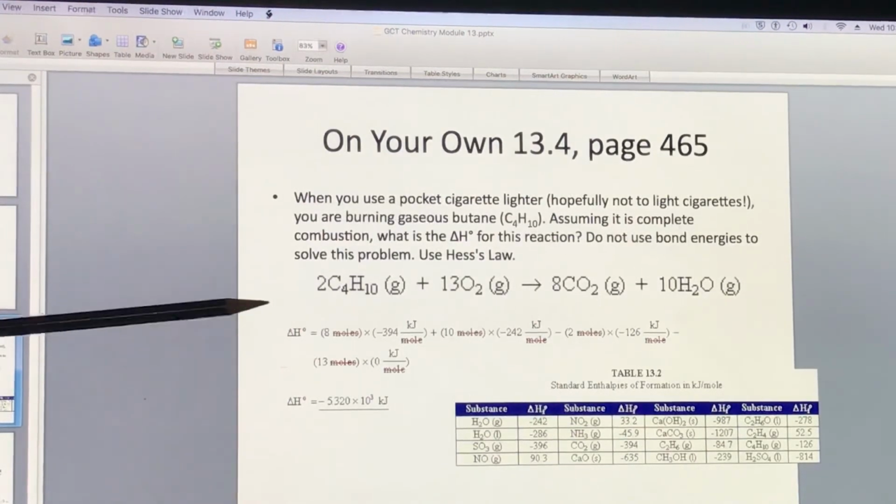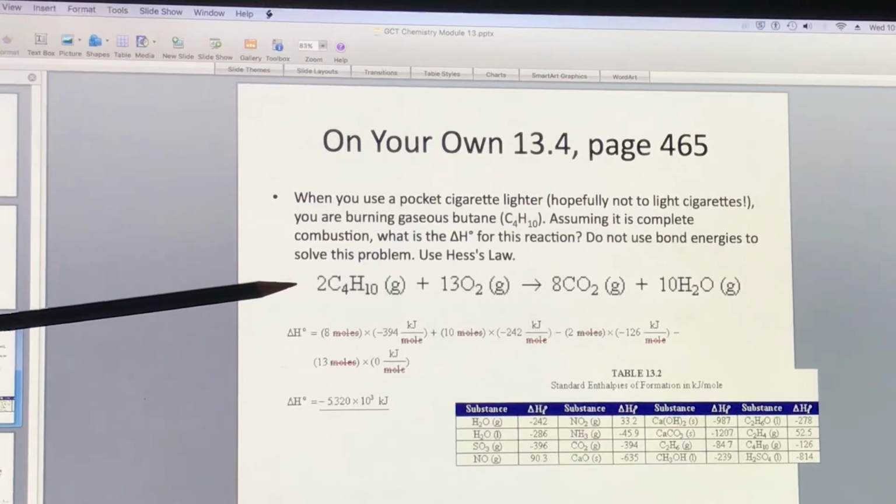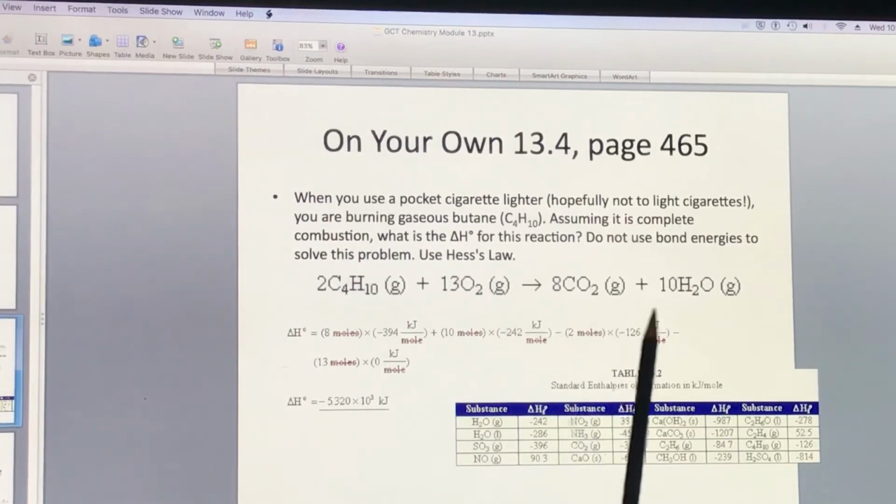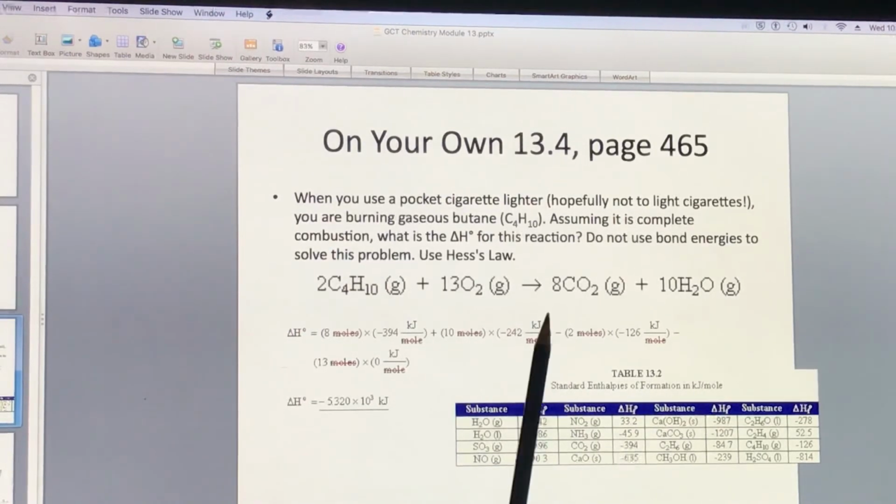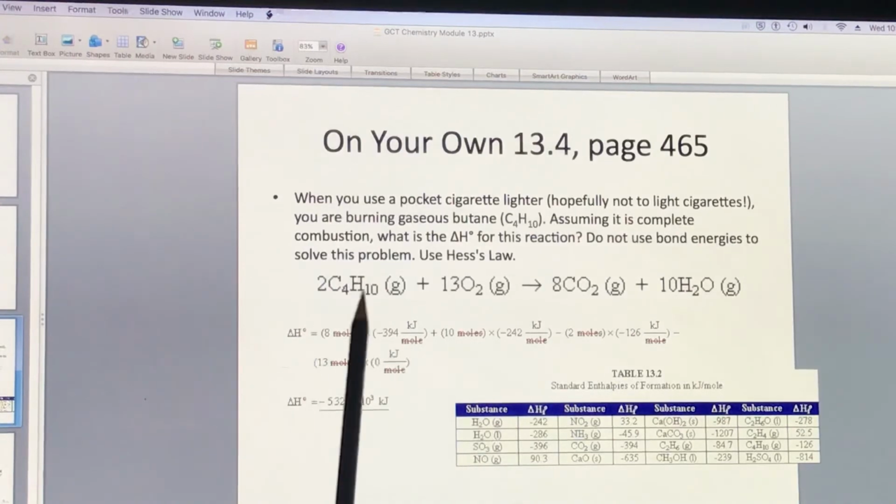So here is our full equation that's all balanced. We're going to start with our products, right? And again, we look for CO2 here, and here we are, negative 394. So we have 8 moles times the 394, and that's the value for the CO2 here.